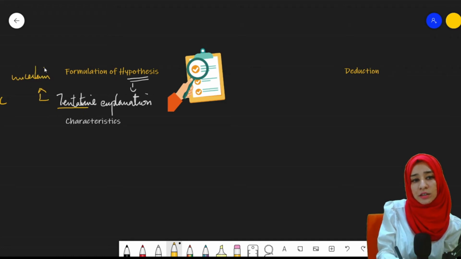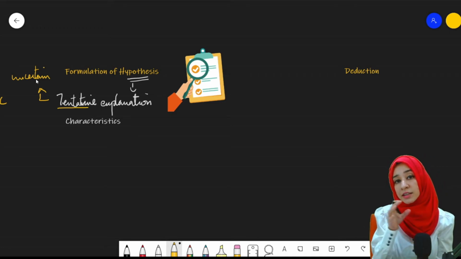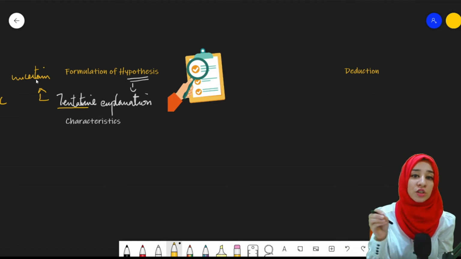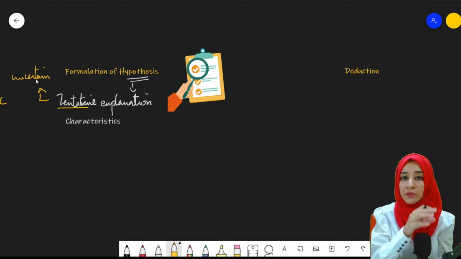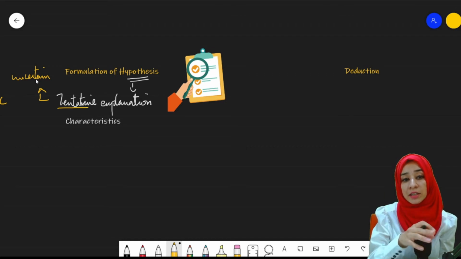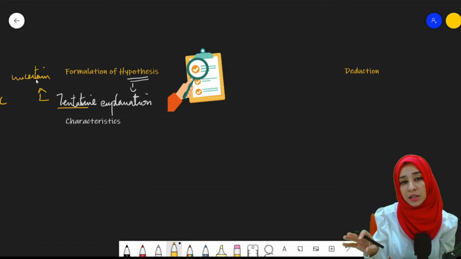Anything that is not yet confirmed. About it we cannot say that it is correct or it is wrong, right? So it is a tentative explanation of observation. The problems we have observed will then be discussed in the hypothesis. We'll give an uncertain explanation of those observations in the form of a statement. A hypothesis will be given in the form of a statement.